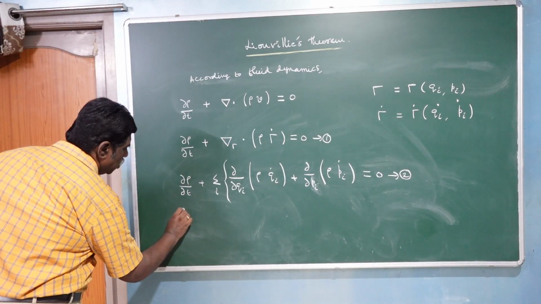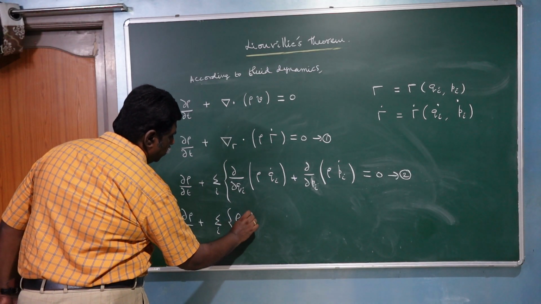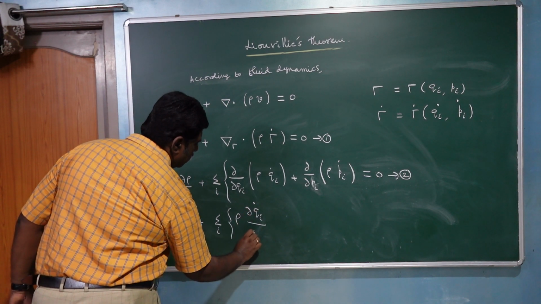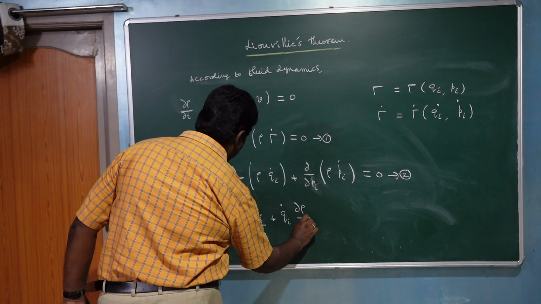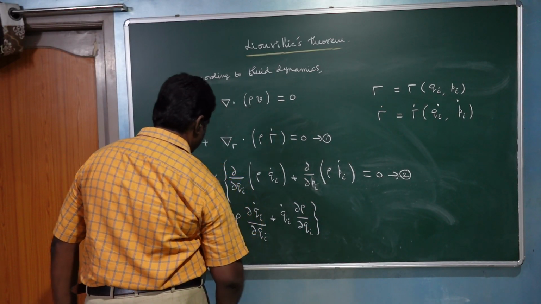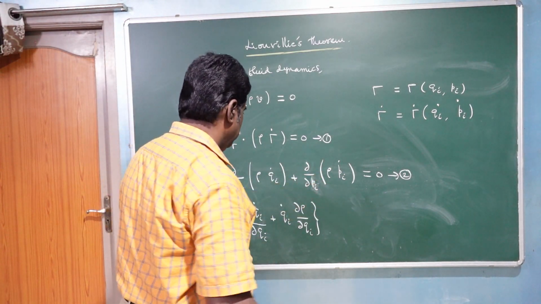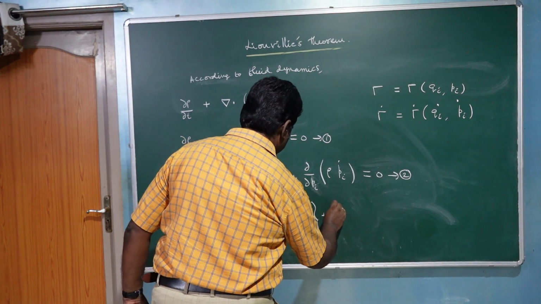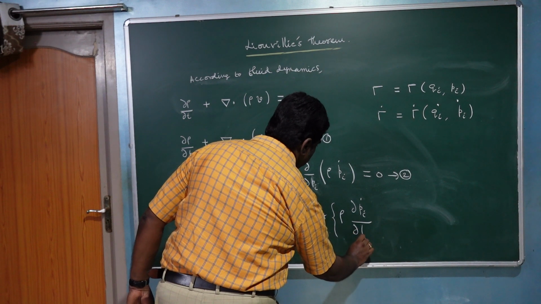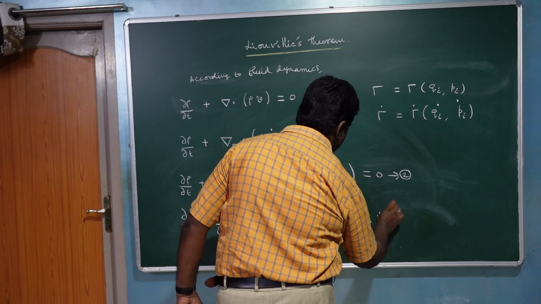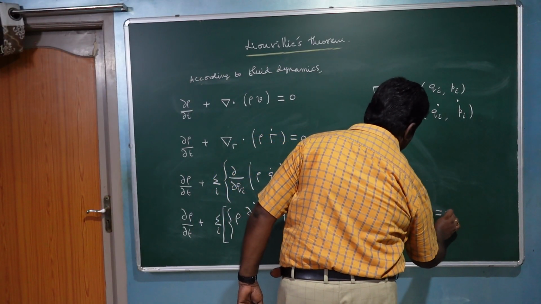This is further expanded as dou rho by dou t plus summation over i of rho into dou qi dot by dou qi plus qi dot dou rho by dou qi, plus rho into dou pi dot by dou pi plus pi dot dou rho by dou pi, which is equal to 0.